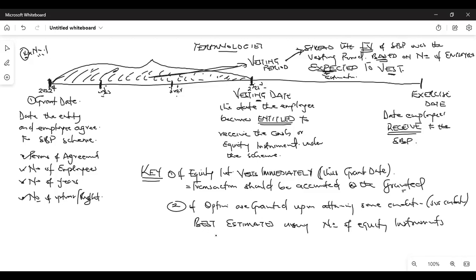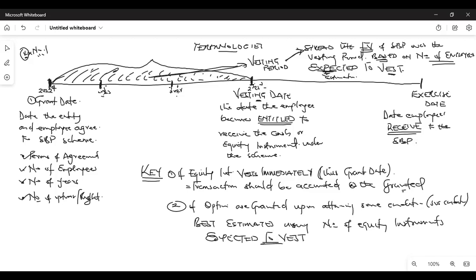The number of equity instruments expected to vest is the same as the number of employees expected to vest. All right, so that is that.